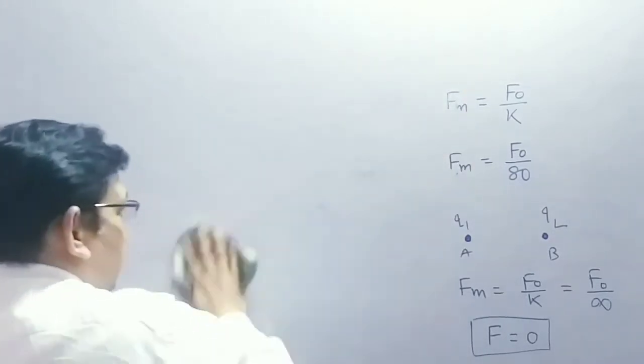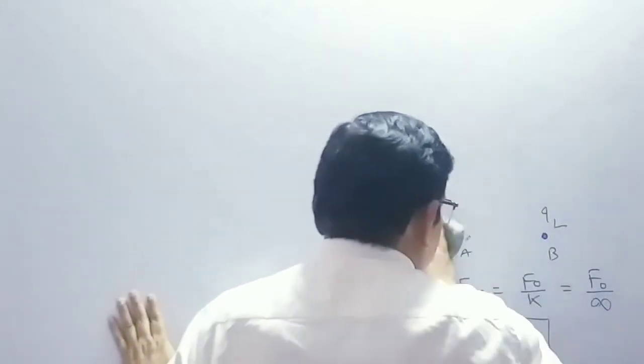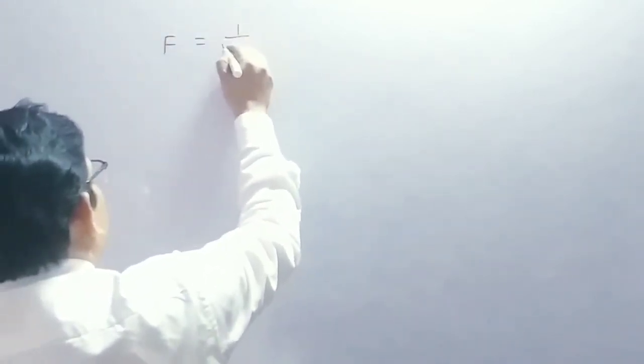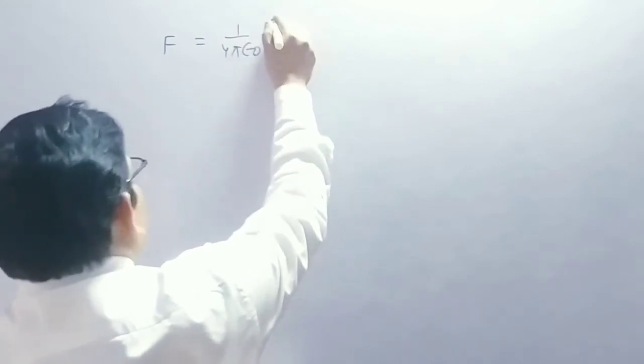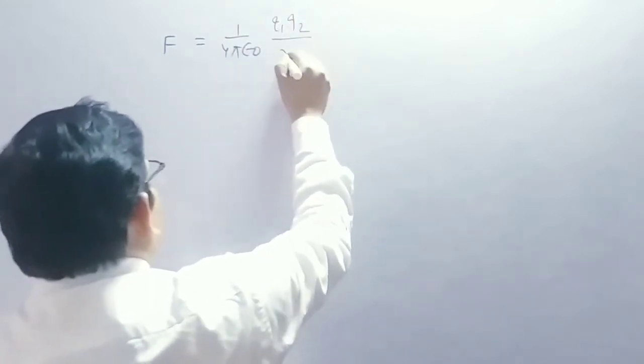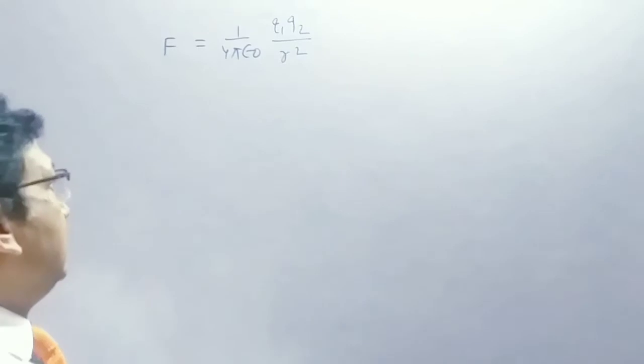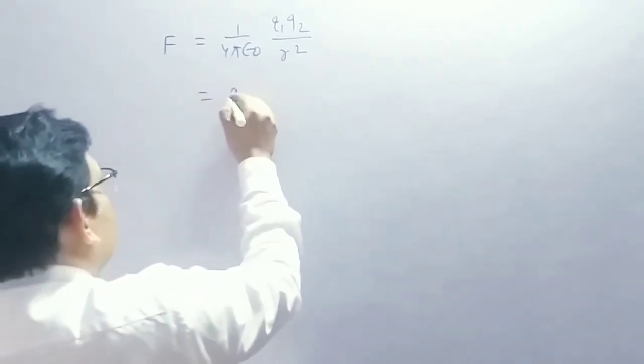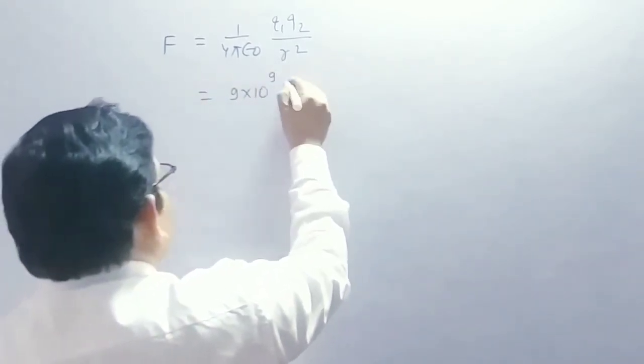So far we have discussed Coulomb's law. Let's revise. Today you got the first expression, Coulomb's law, 1 by 4 pi epsilon Q1 Q2 by R square. Now we have to use this formula for numericals.